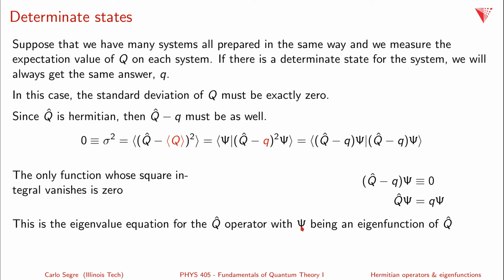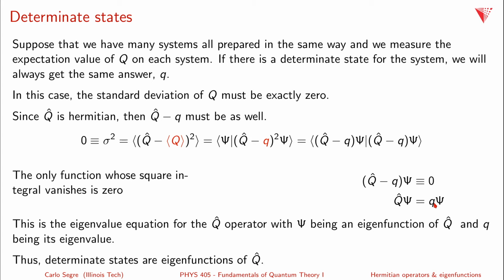And so psi then is said to be an eigenfunction of q with eigenvalue little q. We'll be using these terms a lot. So determinate states, ones where you always get the same expectation value, are therefore eigenfunctions of the operator q. So the determinate states of q are eigenfunctions of Q.